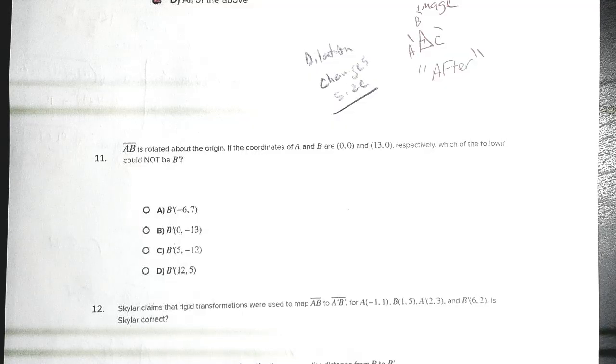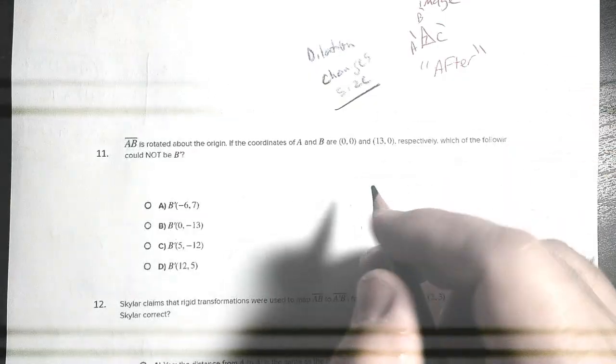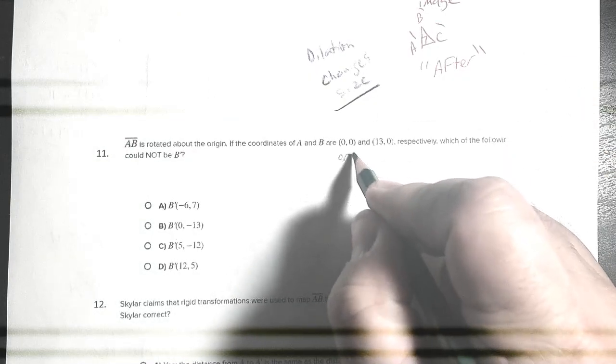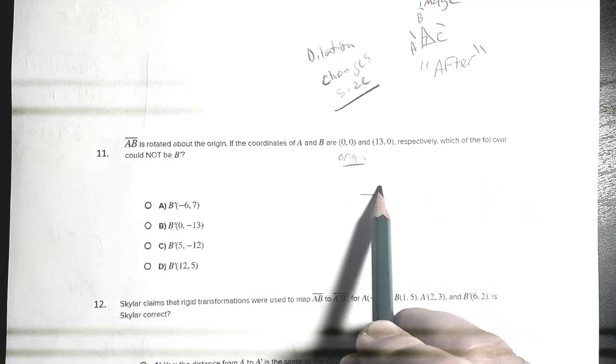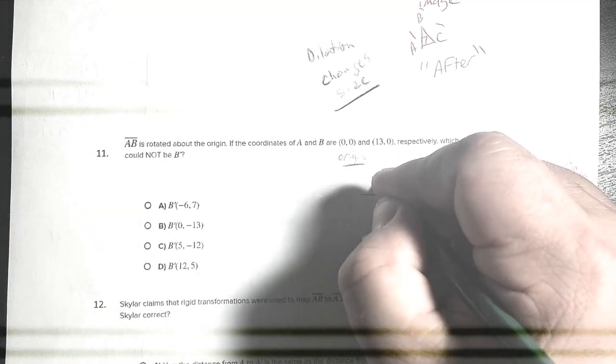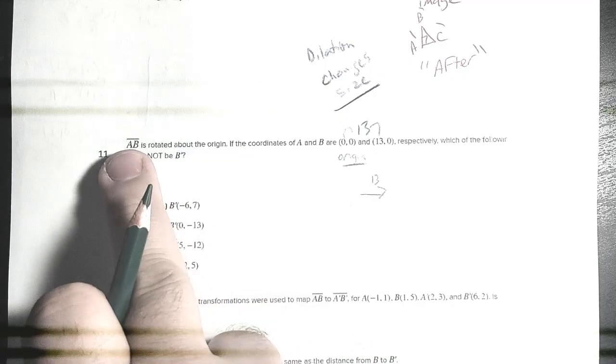If we had the graph paper, 0, 0, that's the origin. 13, that's the x. It's going to go right 13, but it's not going up and down. So if you counted, it would be 13 apart.